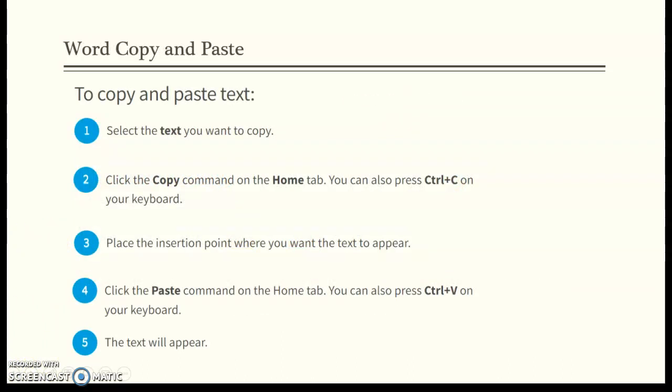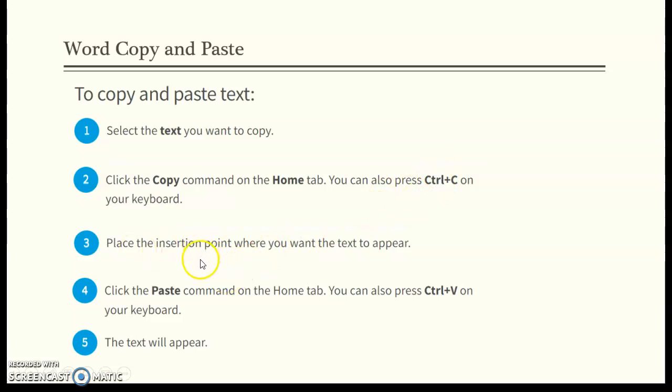To copy and paste, you select the text that you want to copy, and you can click the Copy command in the Home tab, up in the left corner, in the Clipboard group. It looks like two pieces of paper, or you could press Control and the letter C, or you could right-click, which is the quick shortcut menu, and select Copy.